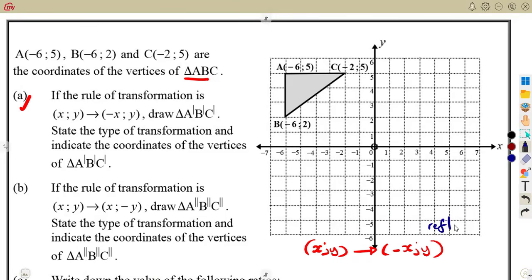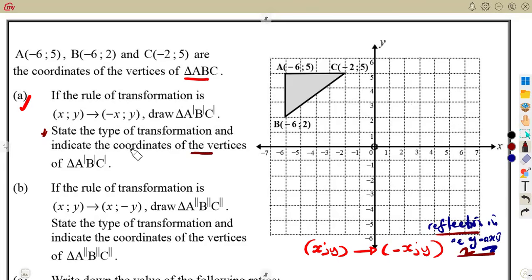You're talking about a reflection there, about the y-axis. So if this is a reflection about the y-axis, we can tell where the image is going to be. But they are saying state the transformation and indicate the coordinates of the vertices. So this is a reflection, that is stating the transformation.